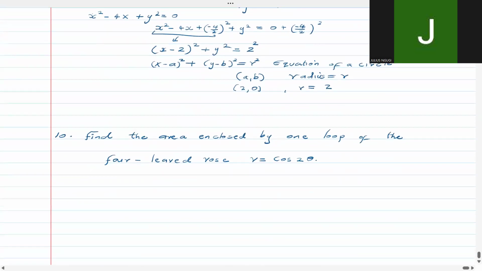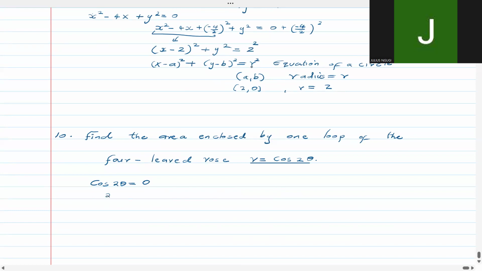Finally, find the area enclosed by one loop of the four-leaved rose r equals cosine of 2 theta. We don't have to draw it, but we know r equals cosine of 2 theta. To get the limits of integration for a loop, I'll set r to 0.